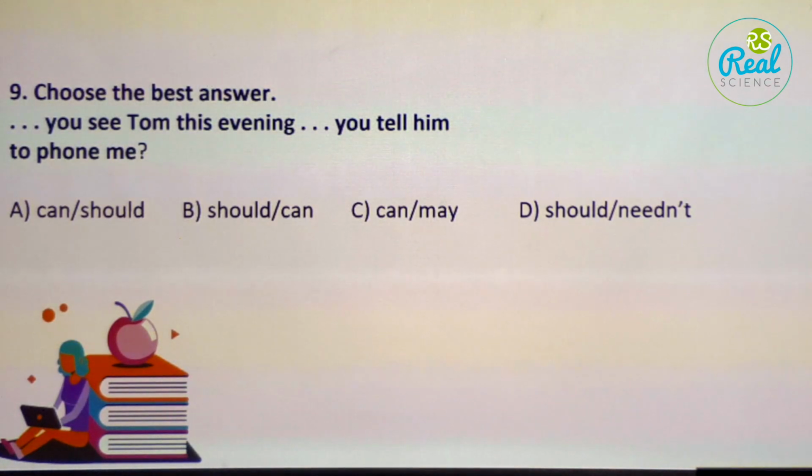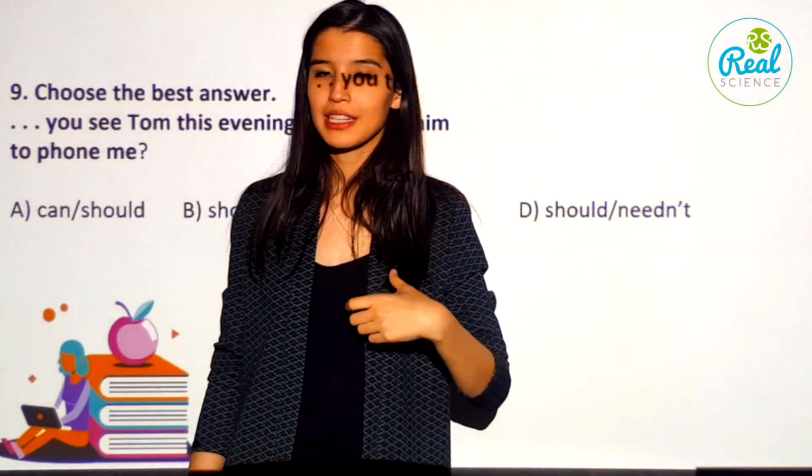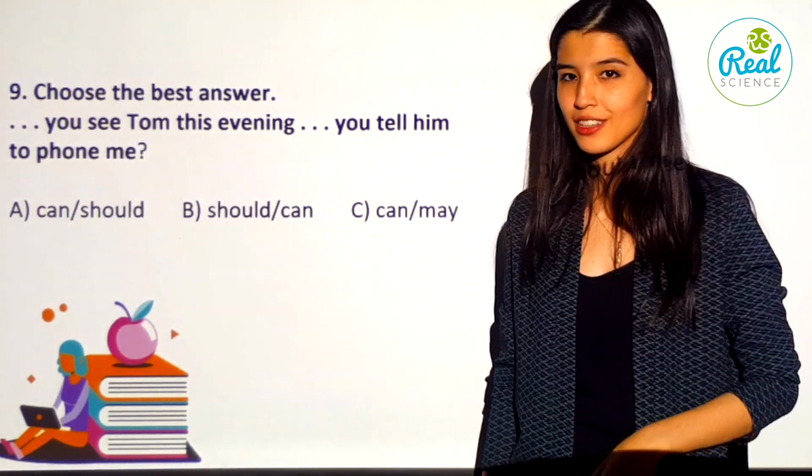Number 9, choose the best answer again. Should you see Tom this evening, you tell him to phone me. B. A. D. Should you tell him? It's really strange. No, A. Here, do you remember should may come as if?